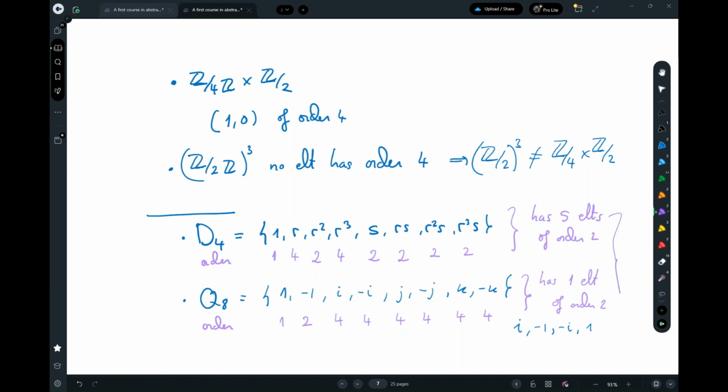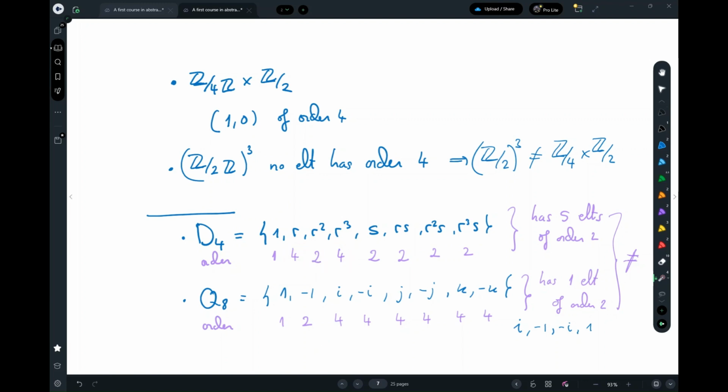And that tells me they cannot be the same group, because if somehow Q8 was just a different way of labeling the structure that is D4, this could not possibly happen. This count of number of elements of a given order is independent of the label that we give to its elements. So the fact that there is 1, 2, 3, 4, 5, but only one element of order 2 here tells me that these two have to be essentially different groups.